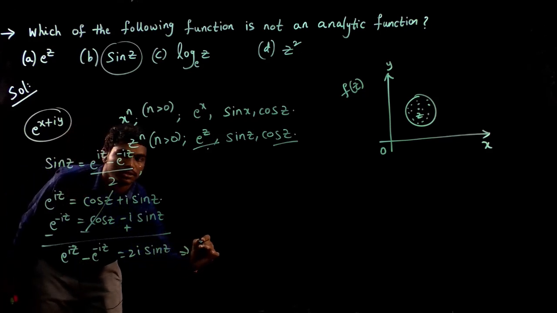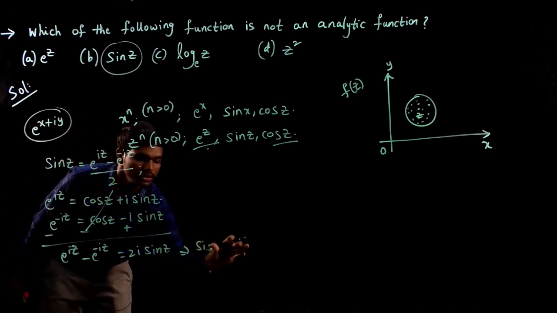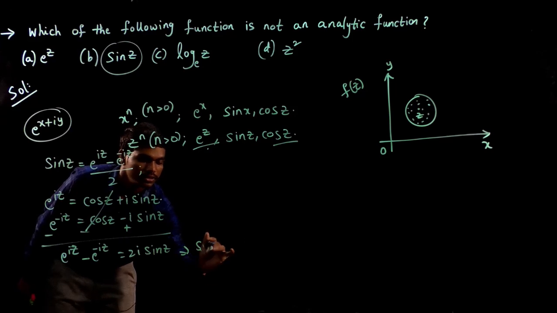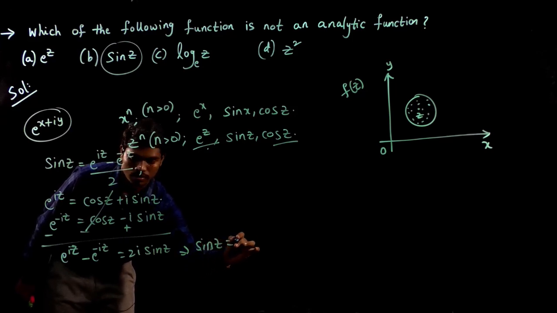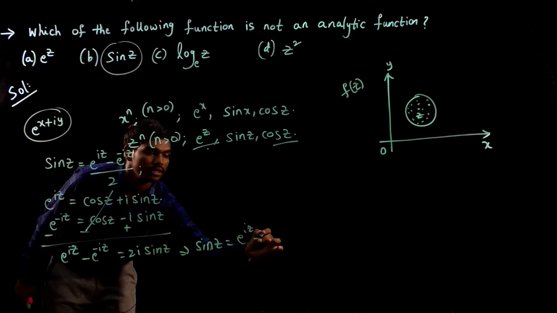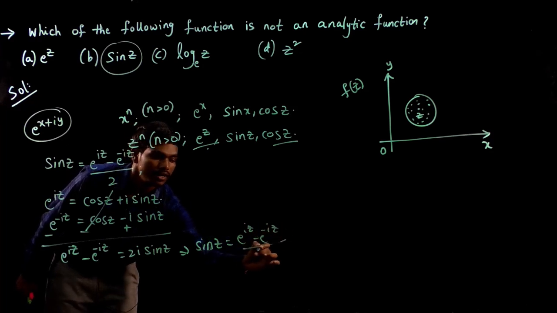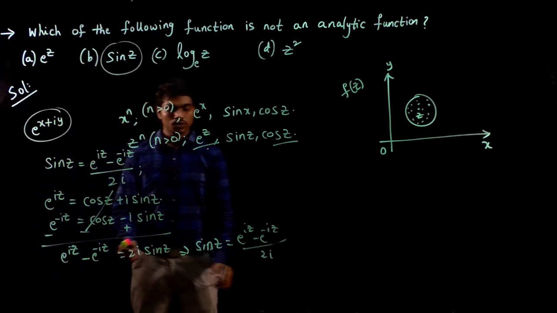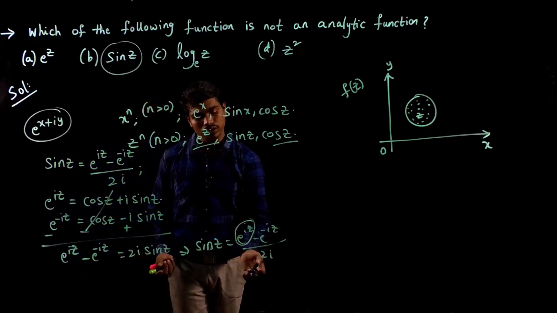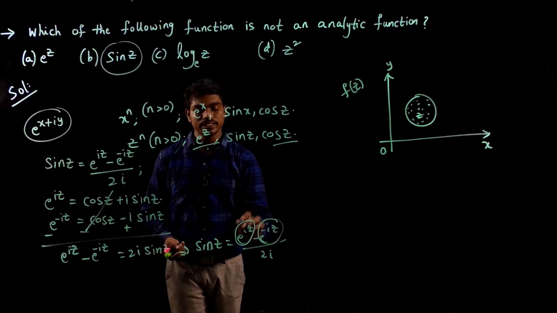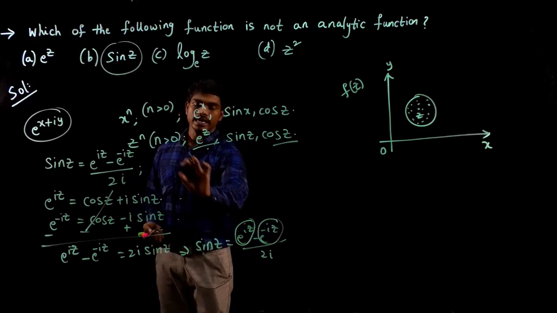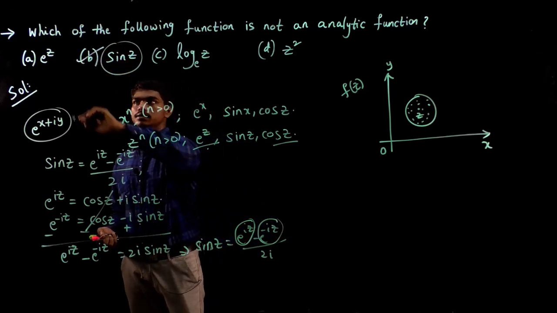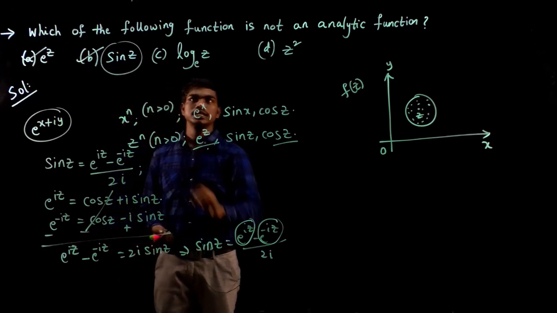This implies sin z is equal to e power iz minus e power minus iz divided by 2i. So we'll put an i here, which we didn't earlier. Here e power iz is differentiable and e power minus iz is also differentiable, so this sin z is also differentiable at every point.